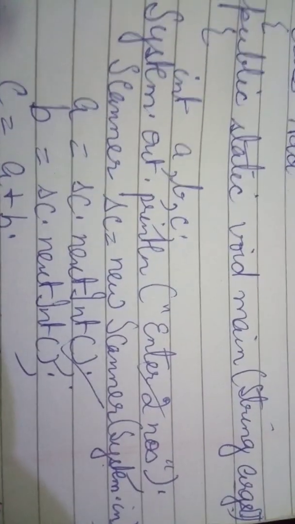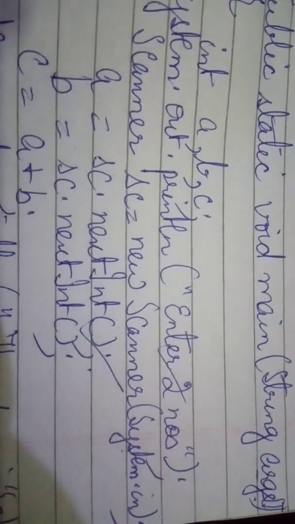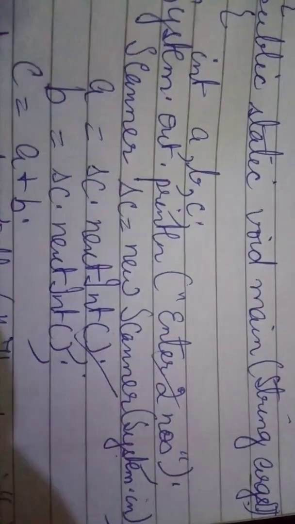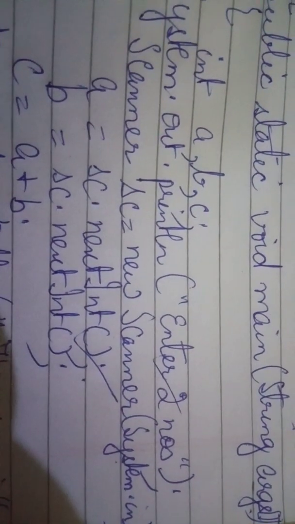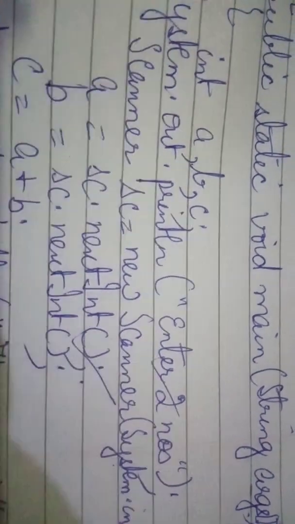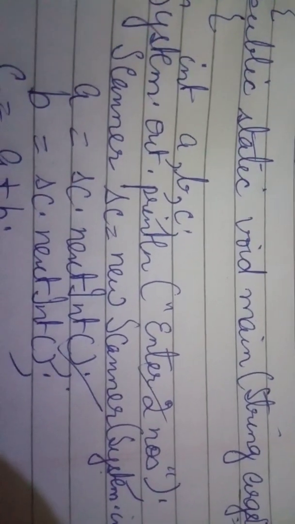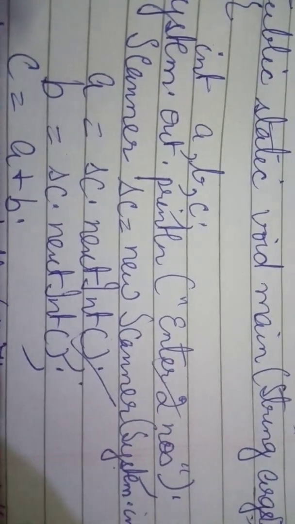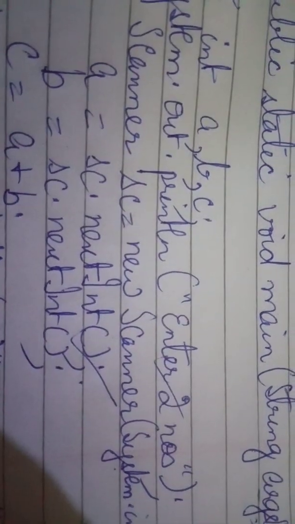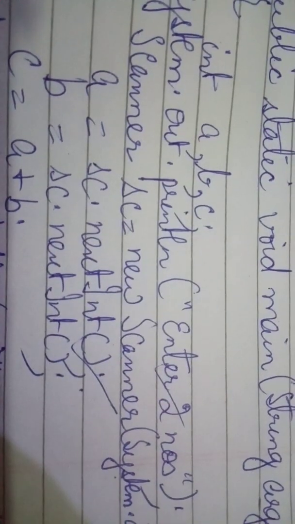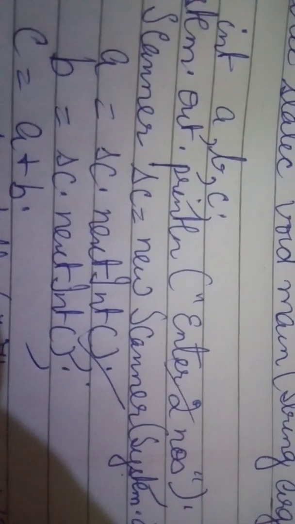System.in is a keyboard to which Scanner will be connected so that you can give input through the keyboard. Now a and b you are taking with sc.nextInt. nextInt is a function. Quickly you should be able to recognize that this is a function, because function names, whenever they have two words, the first word is always in lowercase and the second word starts with a capital letter. So nextInt, bracket open and close, it's a function.